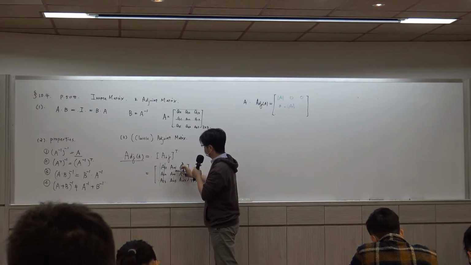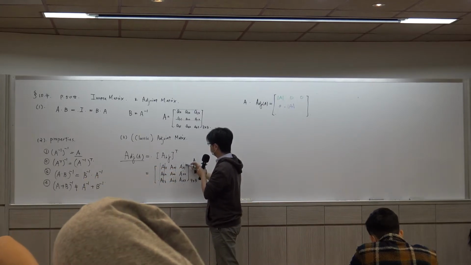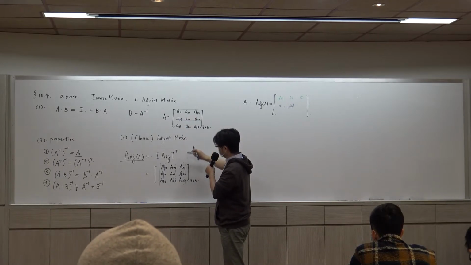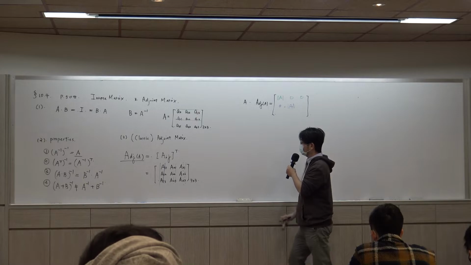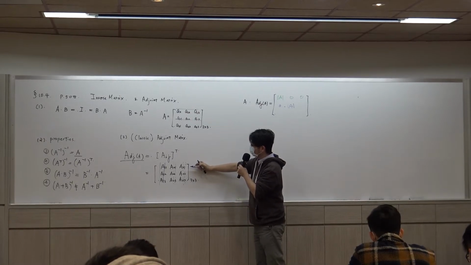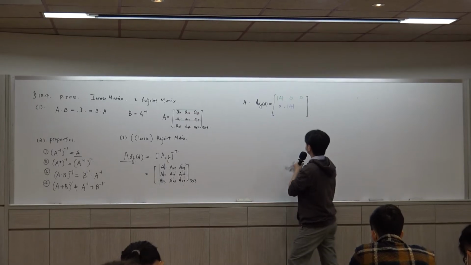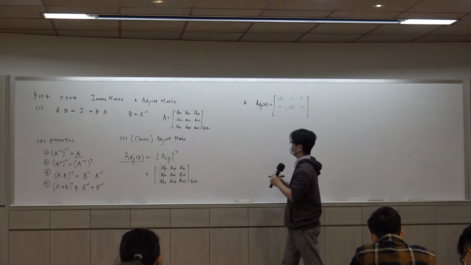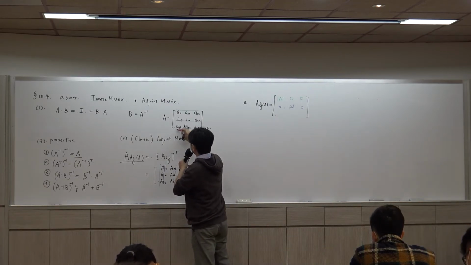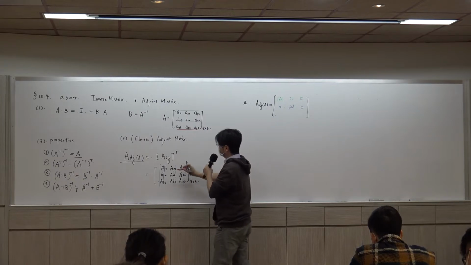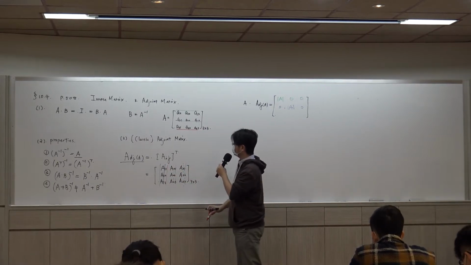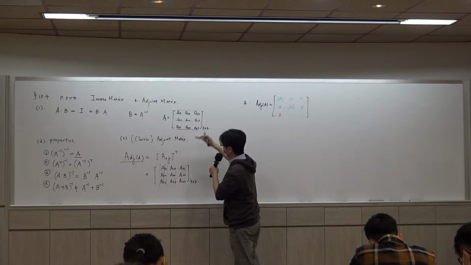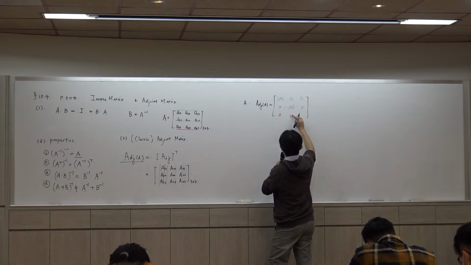Similarly, the second row times the third column: the elements are not matched with the cofactors, so it equals 0. And the third row times the first column equals 0. Third row times the second column.